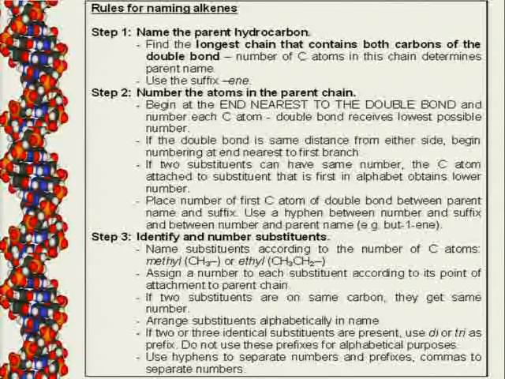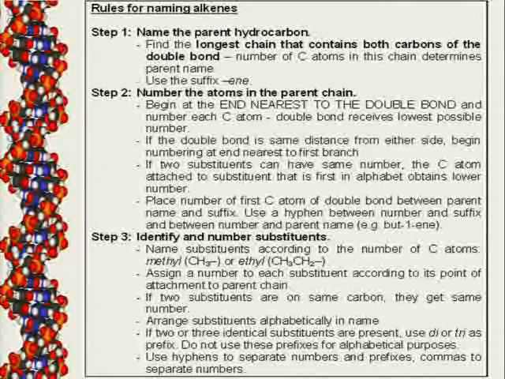If it doesn't contain the double bond, then our name will be incorrect, because our concern here is where the double bond is. And then we'll look at step number 2 and step number 3 when we come back from the break and see how this is done. And then from there we'll go to the example and see how you solve it.